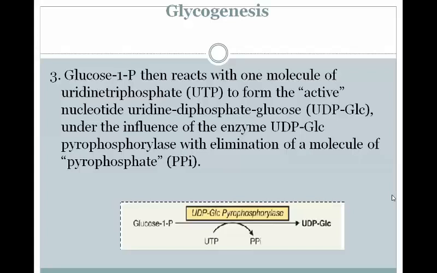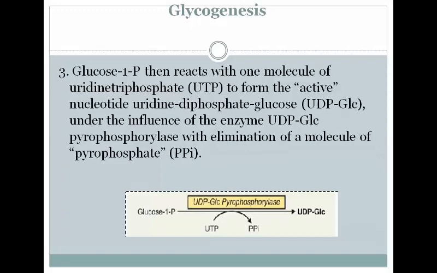This requires the enzyme UDP pyrophosphorylase. So here the UDP will form UDP glucose, and the 1-phosphate group from glucose and 3-phosphate groups from uridine triphosphate enter, and 2 phosphate groups are utilized in the formation of the UDP glucose moiety.